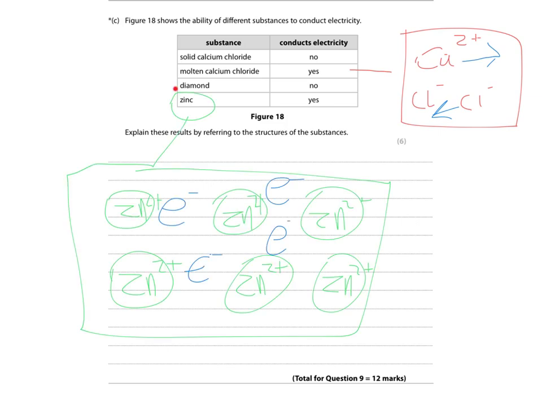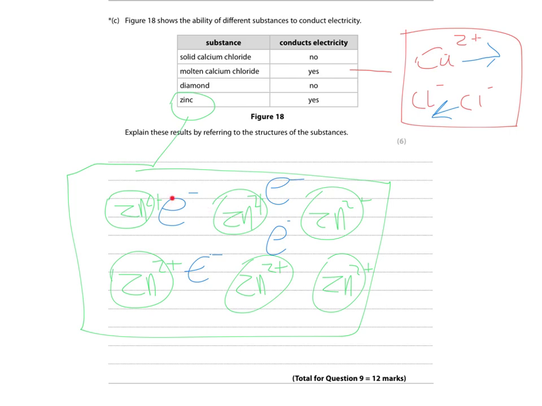If we look at the zinc structure, zinc has metallic bonding, so it forms a metallic lattice. It's a solid, so you've got a regular arrangement of the atoms, but the atoms in metallic bonding become ions. They lose their outermost electrons. In this case, zinc loses 2 for each zinc atom, so it becomes a 2 positive ion.